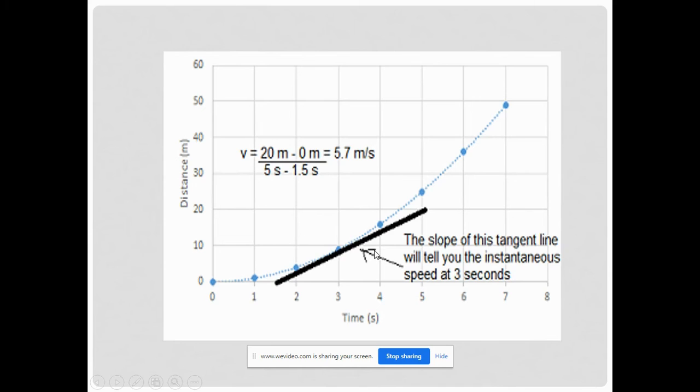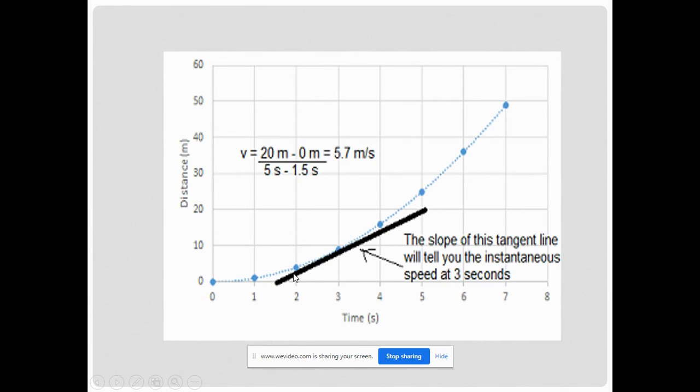Okay, so here's another example. Let's say they asked us to find the reaction rate at 3 seconds of this reaction. So what you do is you put a point at 3 and you draw a straight line, okay? And the slope of this black line will tell you the instantaneous speed at 3 seconds. So we picked 2 points on this black line.